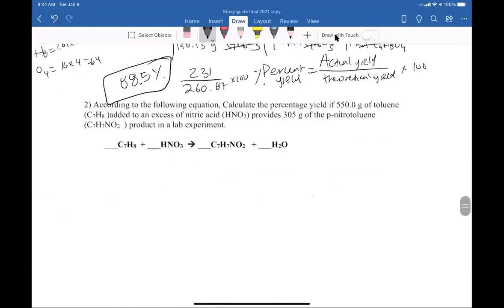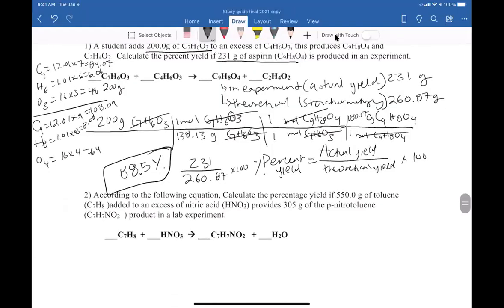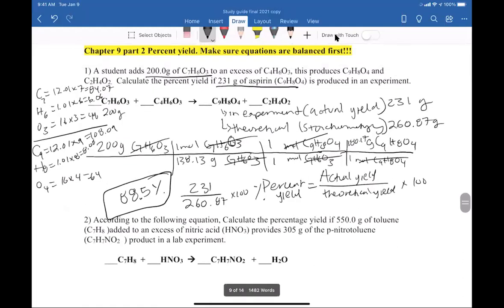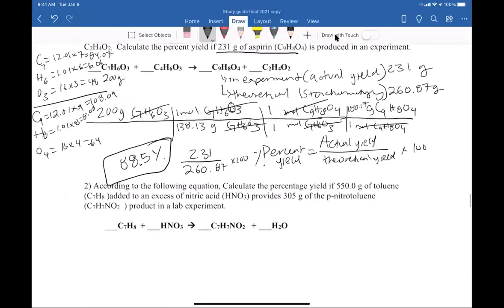There's another problem there. I don't want to do it because I'd rather you guys do it by yourselves. It's very similar to this. Again, I'm going to help you just right now with it to set it up so you guys know. So it says calculate the percentage yield. If you have 500 grams of this.